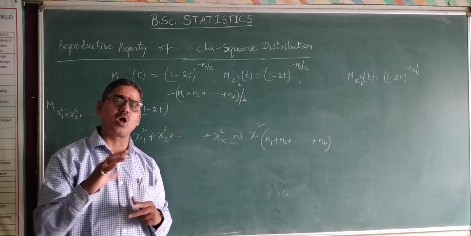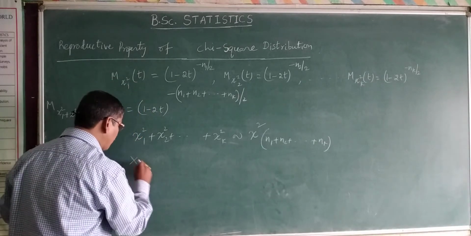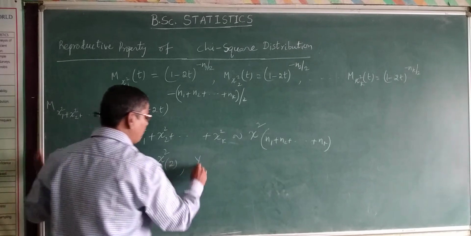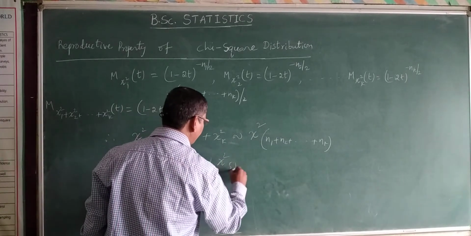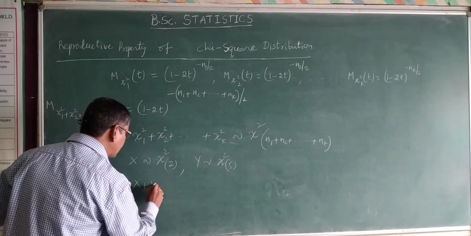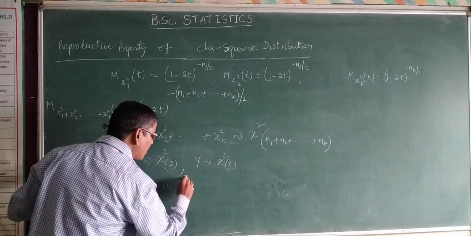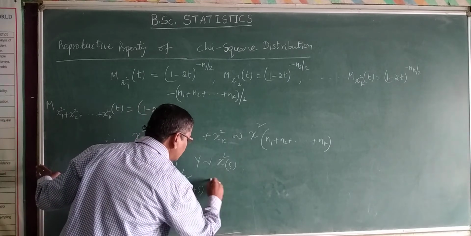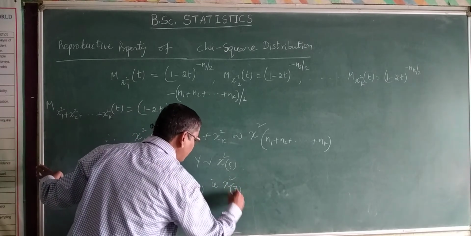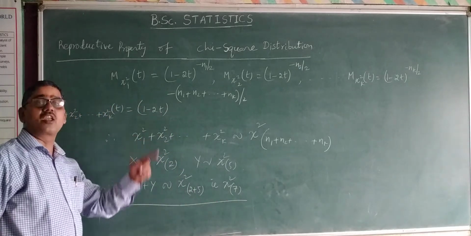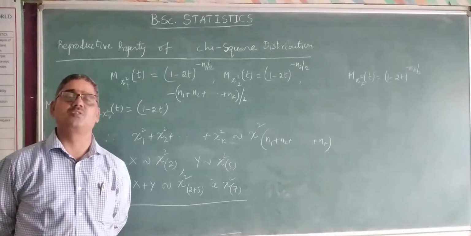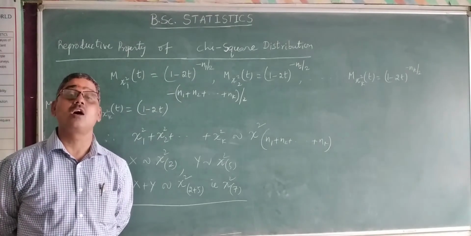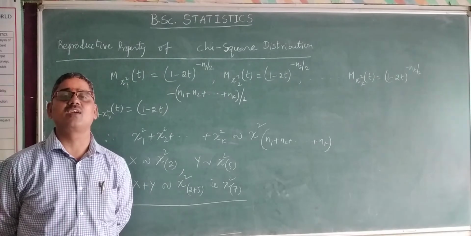For example, X follows a chi-square distribution with 2 degrees of freedom, and Y follows a chi-square distribution with 5 degrees of freedom. Then the distribution of X plus Y is chi-square with 2 plus 5, that is, 7 degrees of freedom. That is what we can state from this reproductive property of chi-square distribution. You understand? This is the reproductive property or additive property of chi-square distribution.